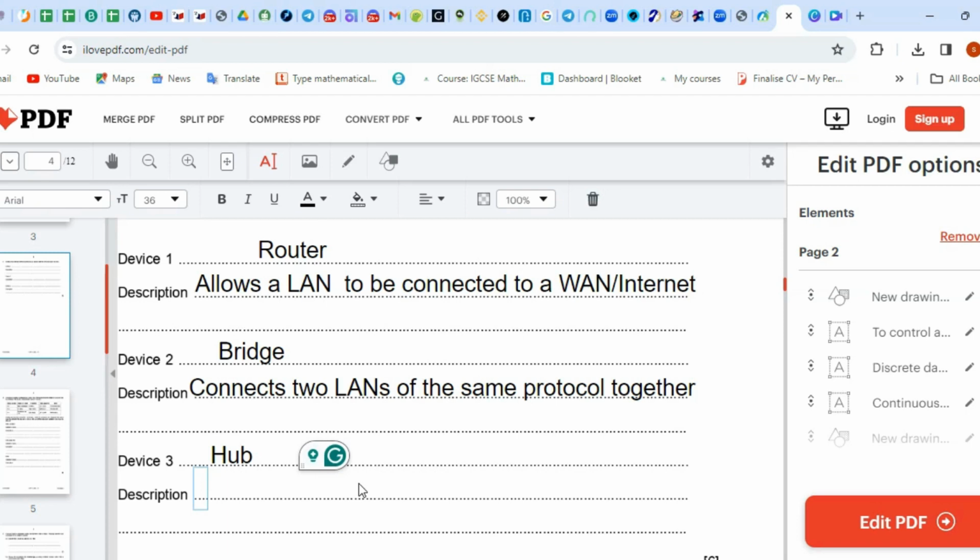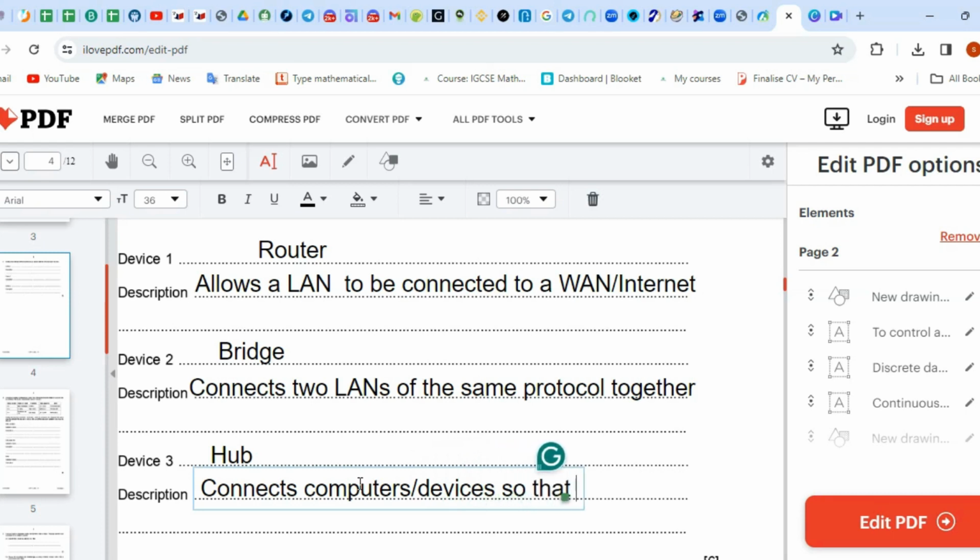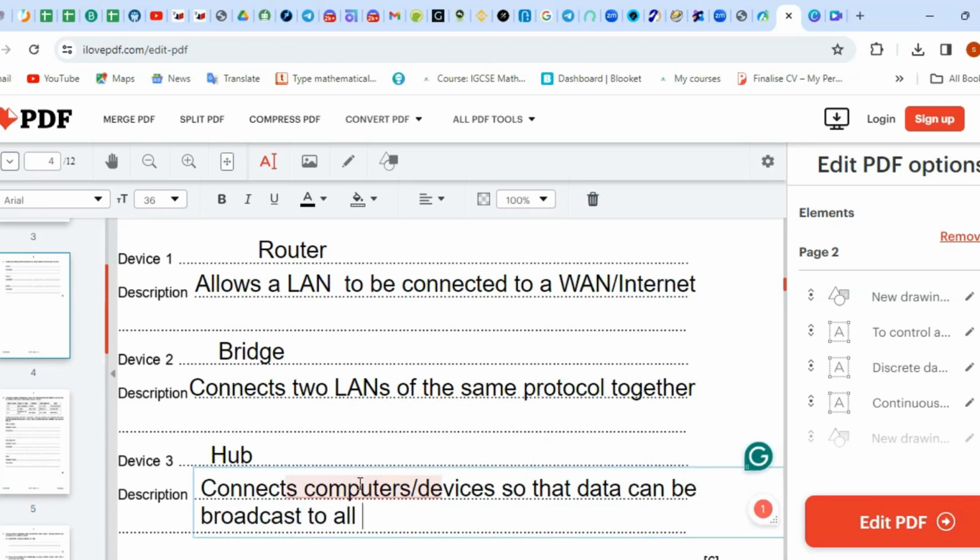So we say connect computers, devices, so that data can be broadcast to all devices.